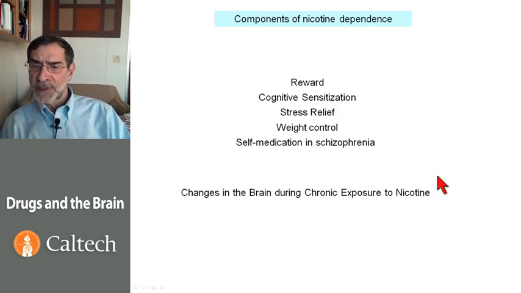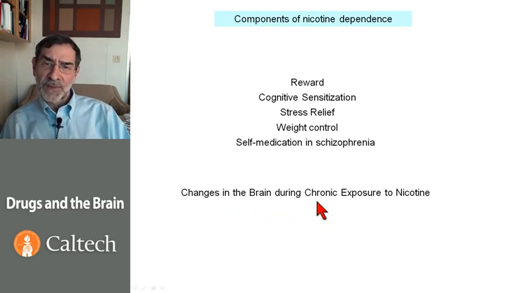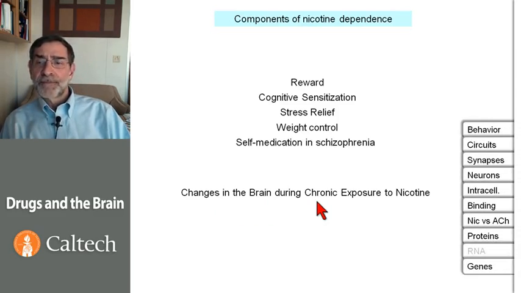So the question becomes, in every case of drug abuse, dependence, what are the changes in the brain during chronic exposure to that drug? And we'll try to address some of those questions during this course.